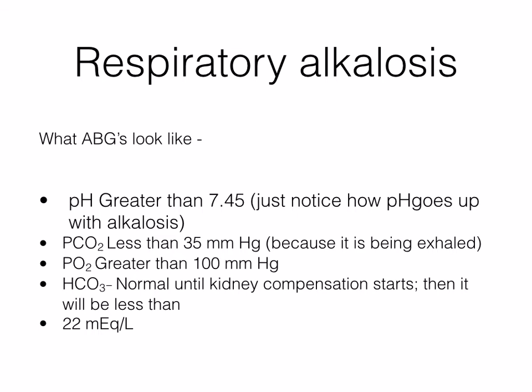So carbon dioxide is less than 35, pH greater than 7.45. When pH is increased, carbon dioxide is decreased. As in respiratory acidosis, the lungs are the cause of the primary problem. So it happens in respiratory alkalosis too.